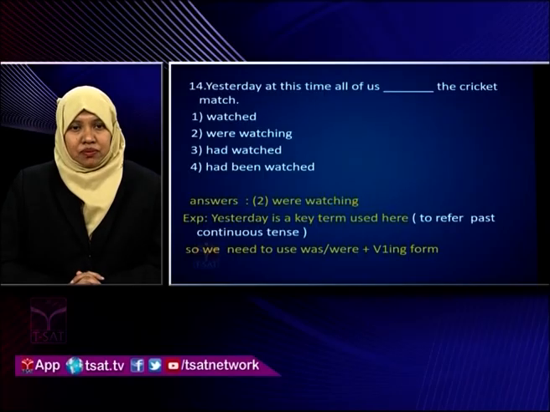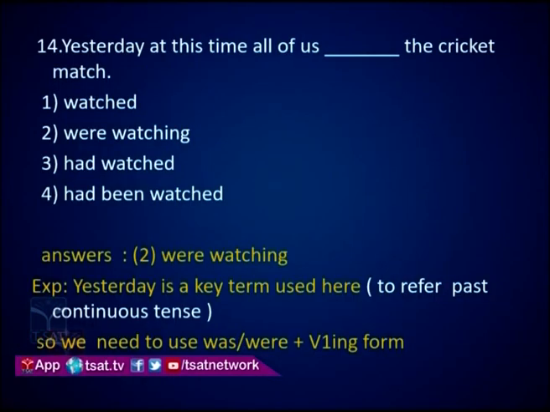Next question. Yesterday at this time, all of us dash a cricket match. Watched, were watching, had watched, had been watched. Now if you look at this sentence, the clue is yesterday. Yesterday at this time, all of us dash a cricket match.